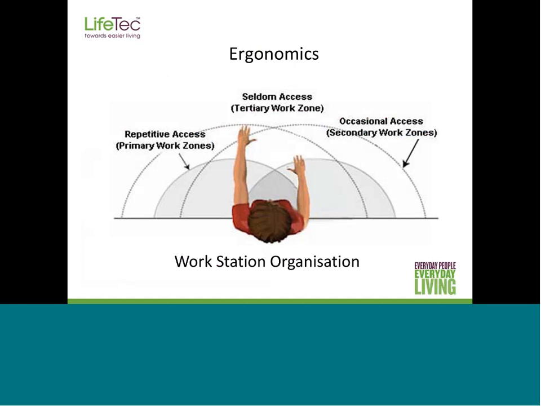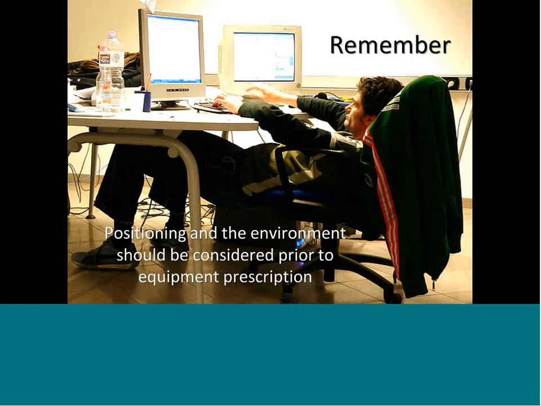So we have our repetitive access or primary work zones for those items used constantly throughout the day, such as the keyboard, the mouse, and those kinds of things. Occasional access for the items used often, like telephone, notepads, and the seldom access for any items that are rarely accessed during the day. So it's important to remember that positioning and the environment should be considered prior to equipment prescription.